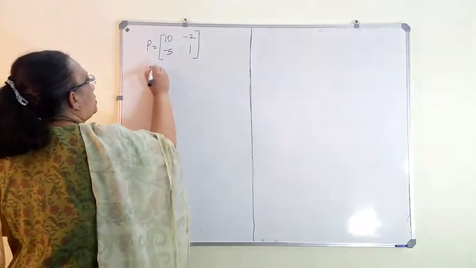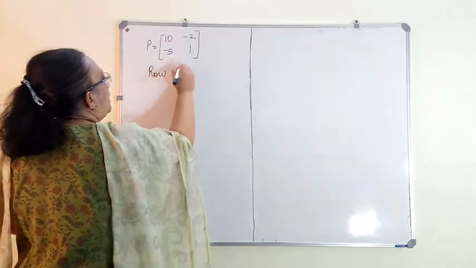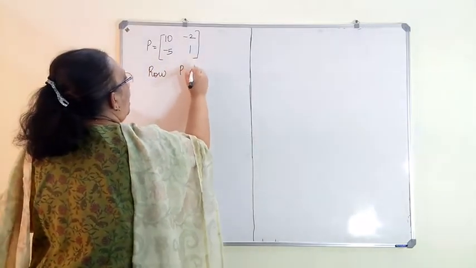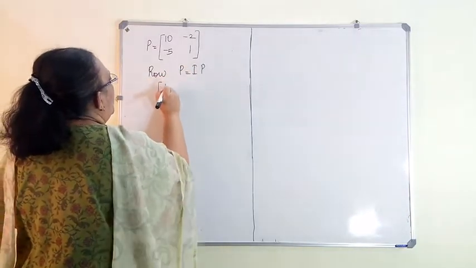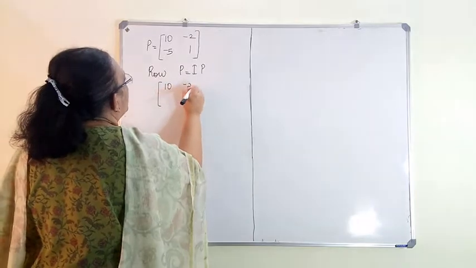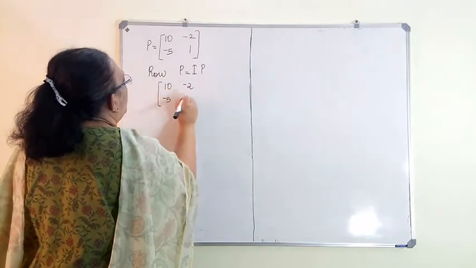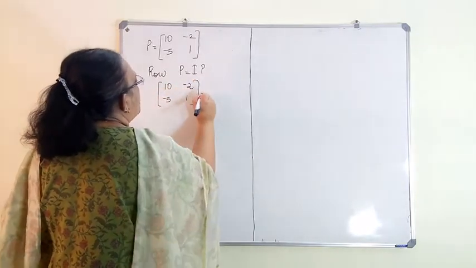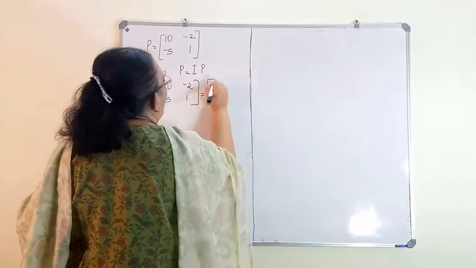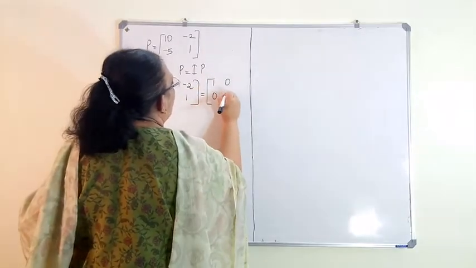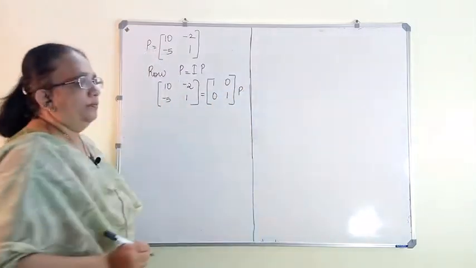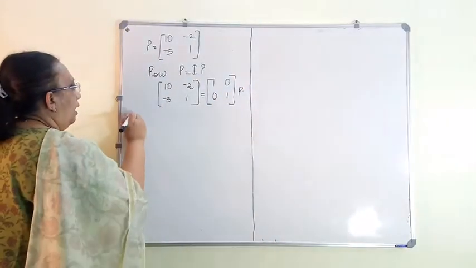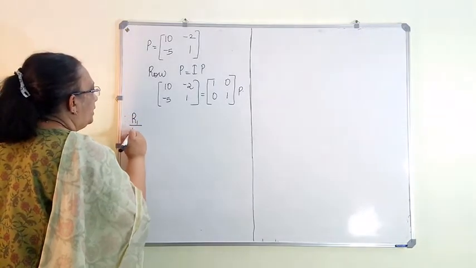I'll go for row transformation, and I'll write P is equal to I into P. What is P? [10, -2; -5, 1] is equal to I, [1, 0; 0, 1], into P. Okay. What I'll do is R1, I am dividing by 10.